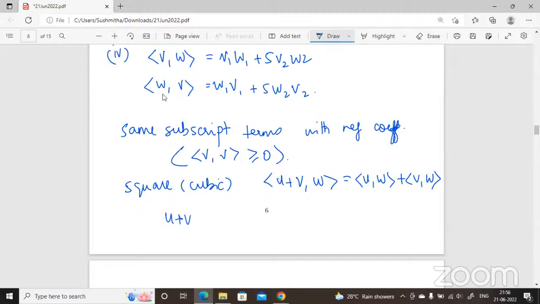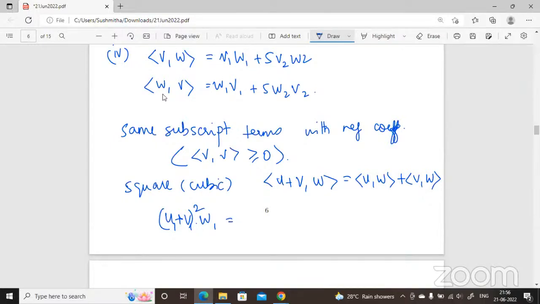Why is it so? Suppose (U1 plus V1) squared W1. If I have this, what happens? It won't satisfy linearity.